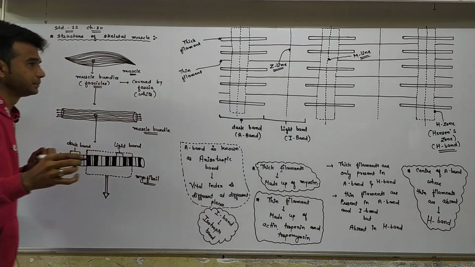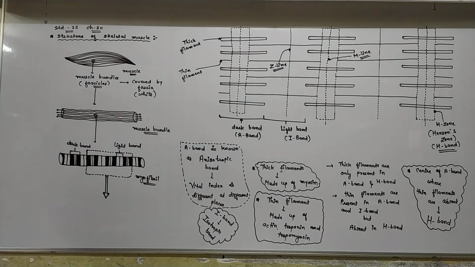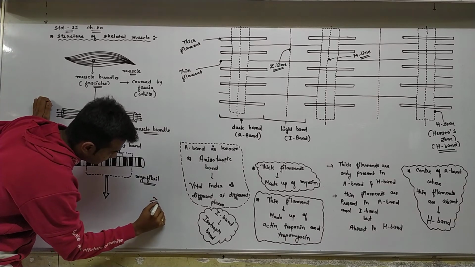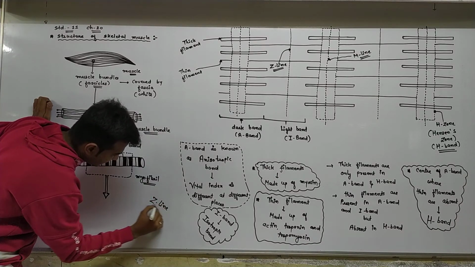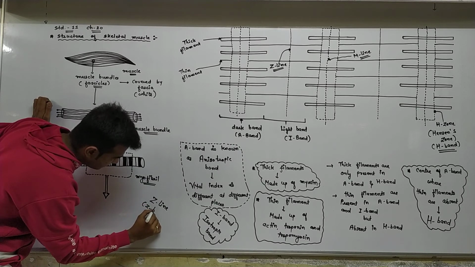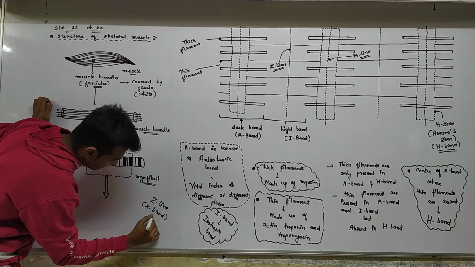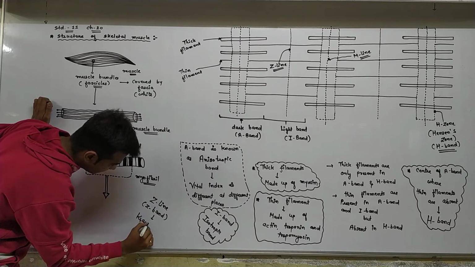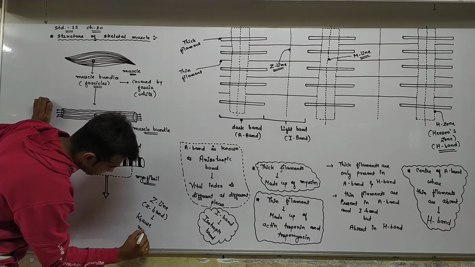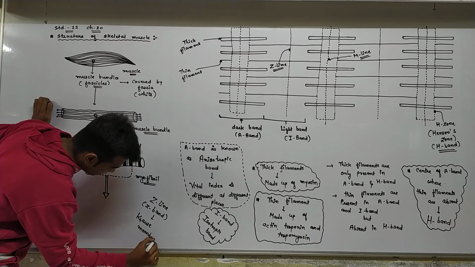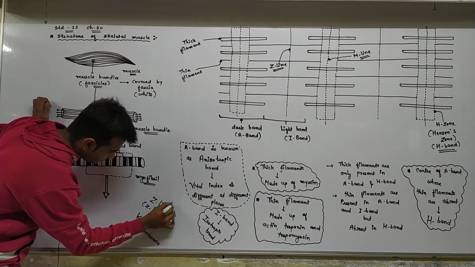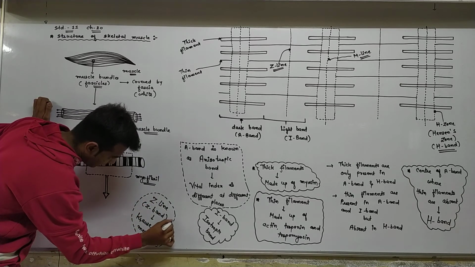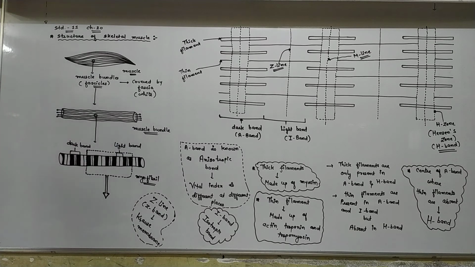So here, Z line is also known as Z band, also known as Krause membrane.